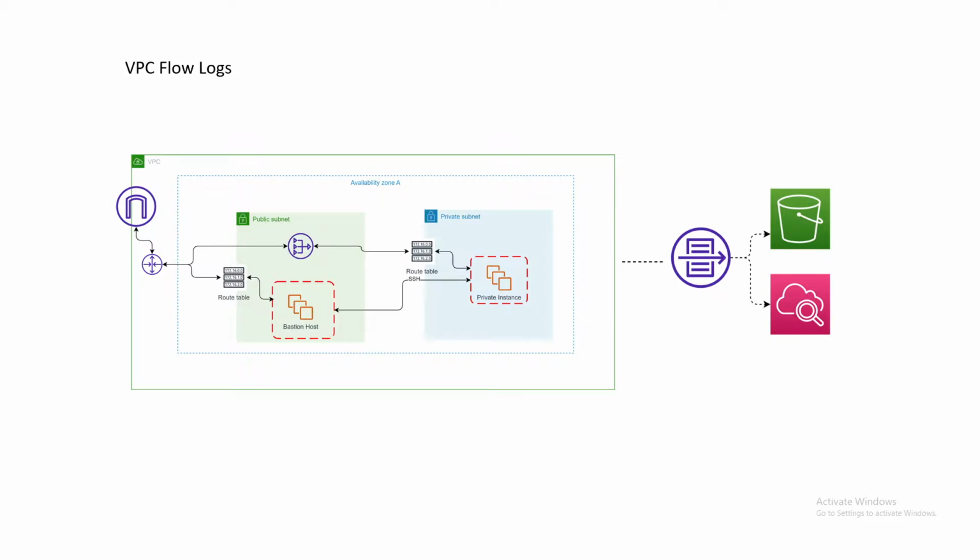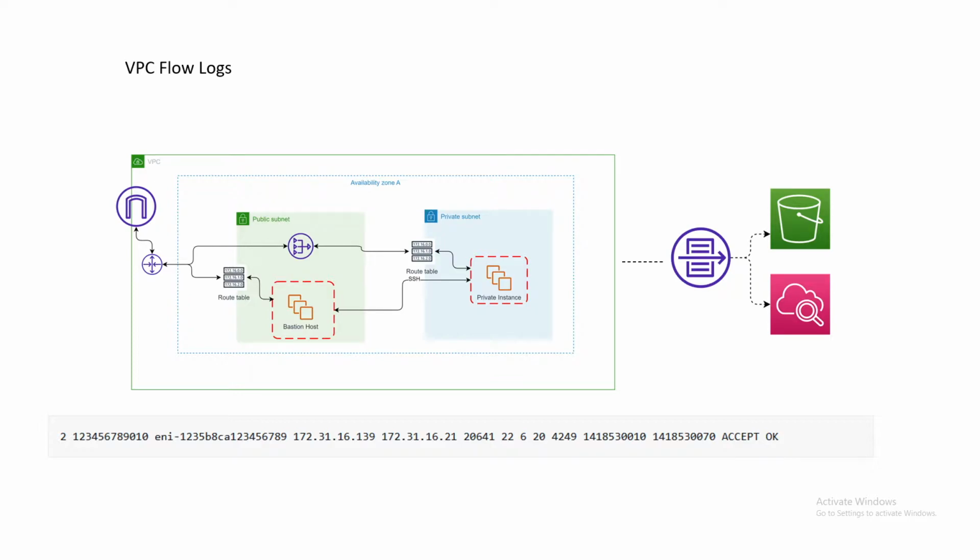We can send it to CloudWatch or send it to S3 buckets. So all the traffic that traverses our VPC is going to be captured and logged into those destinations. And the log data is going to have a format like this one.